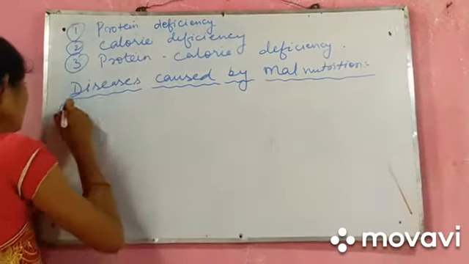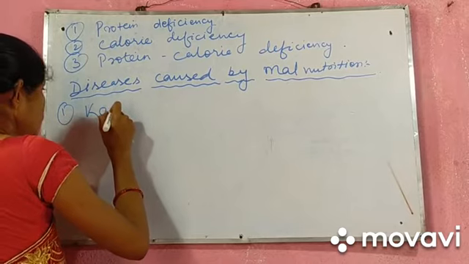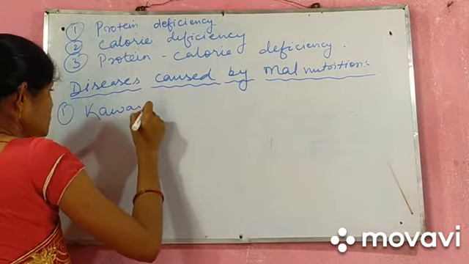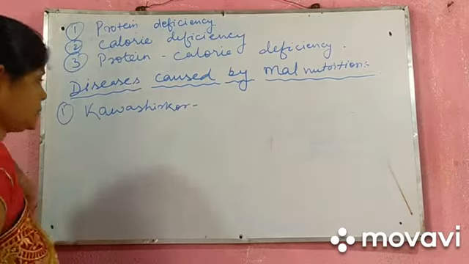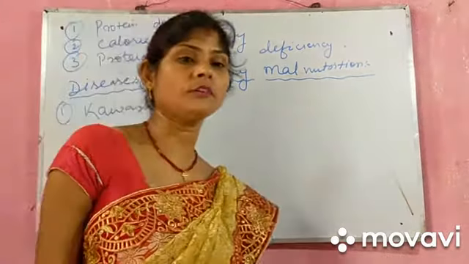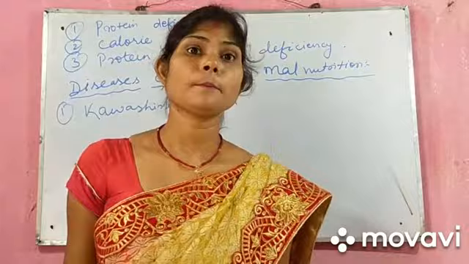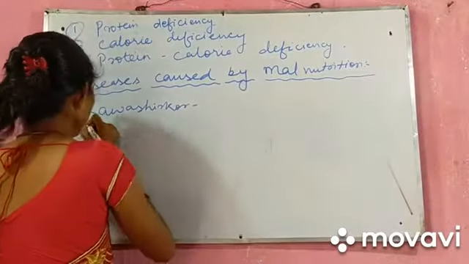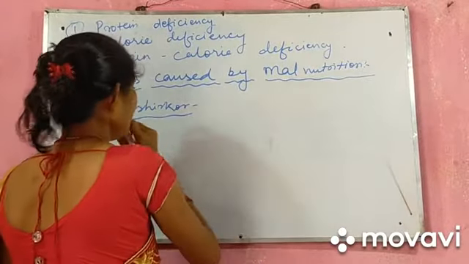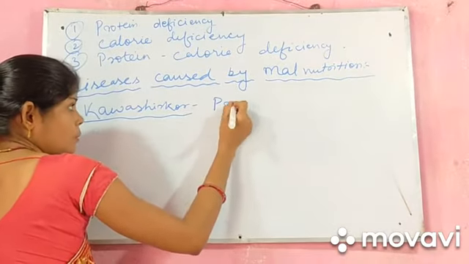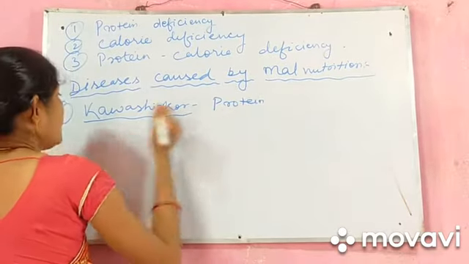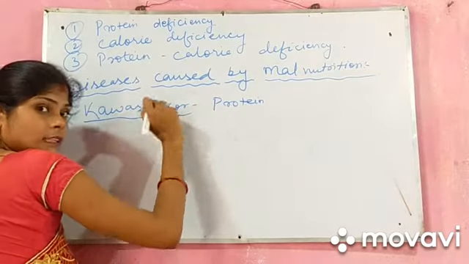Number 1, kwashiorkor. Have you heard the name of the film PK? Here I am giving you a trick how to learn. P means protein. And K for kwashiorkor. This is related.